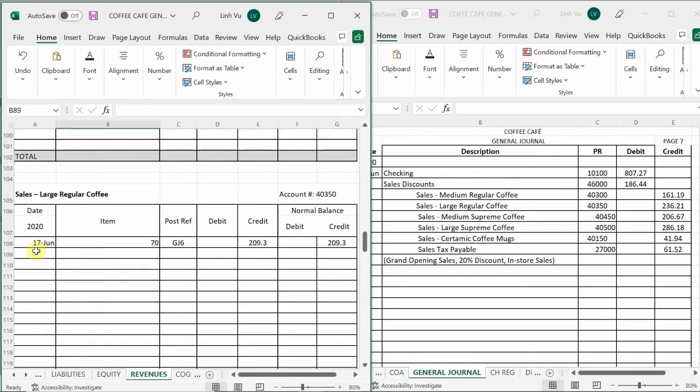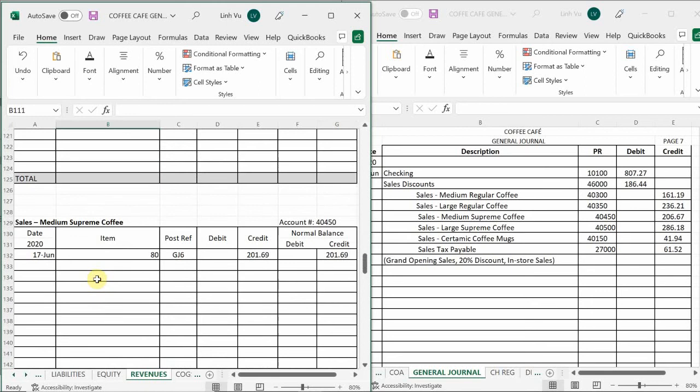Okay, large. We sold 79, page 7, credit $236.21. That gives you a grand total of $445.51 for the large regular coffees.